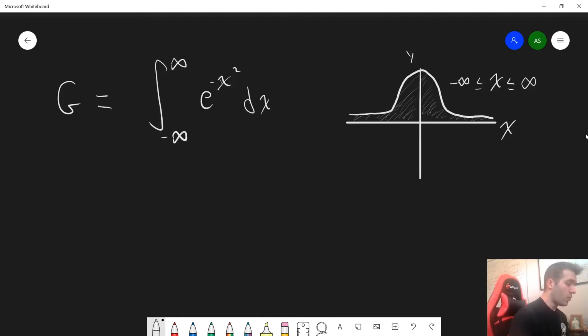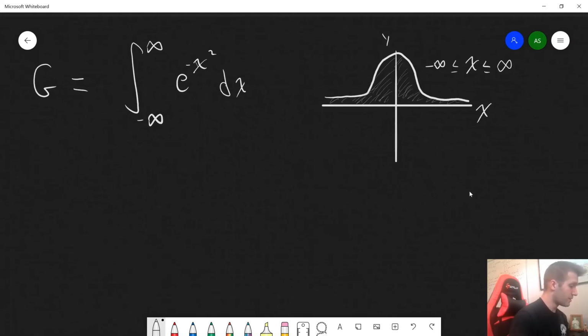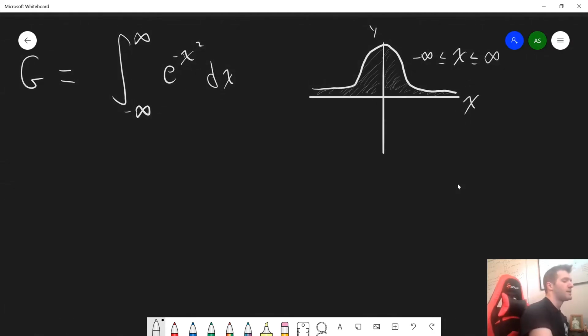So what I suggest that we do here is multiply this integral by another form of itself with a different independent variable, and I suggest that we choose y. So instead of x, we're just going to have y, and now we're going to have a double integral here. So let's do that.